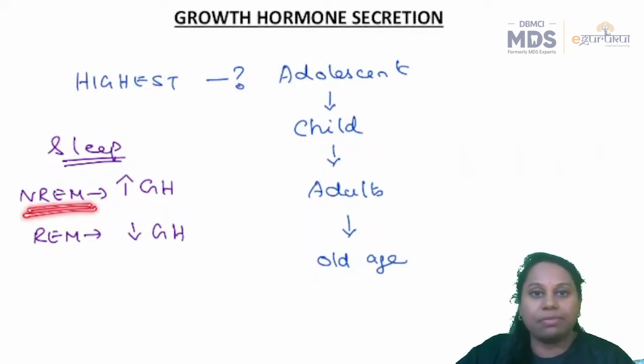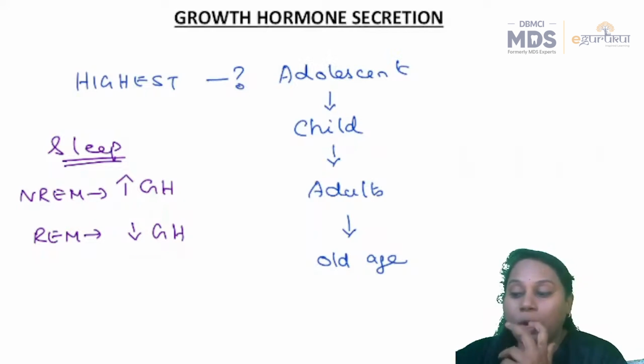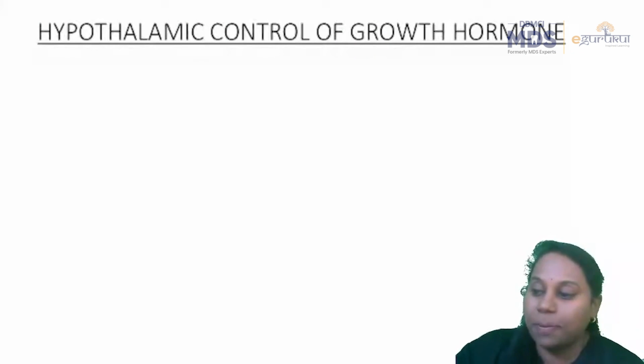Because as soon as you go to bed, you start sleeping in NREM sleep. During that NREM sleep, growth hormone levels are increasing. But REM sleep decreases growth hormone levels. That is about growth hormone secretion. Hypothalamic control of growth hormone secretion.